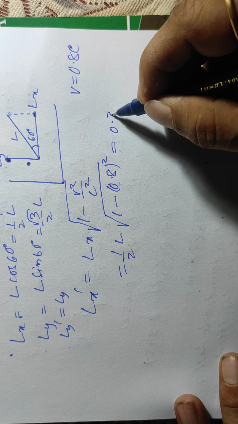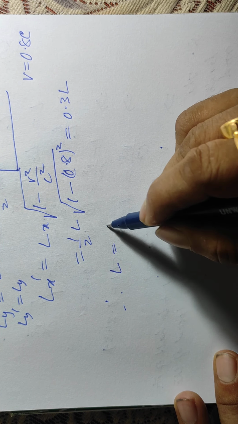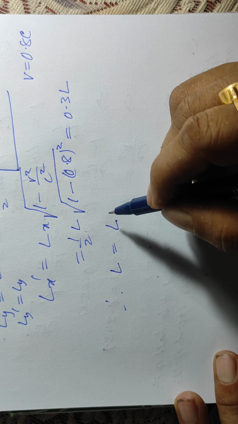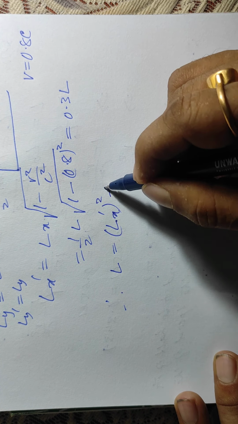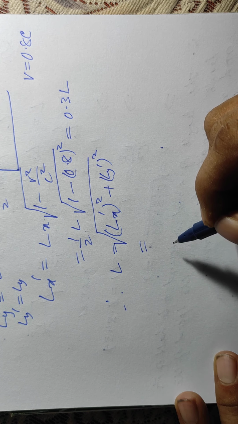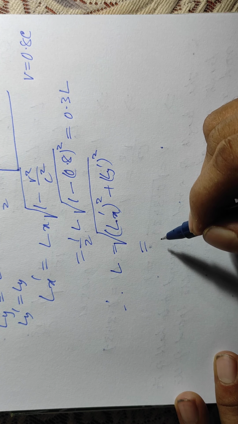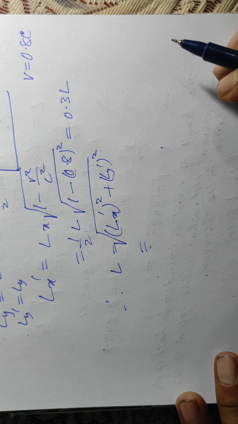Okay, and therefore the length of the rod will be square root of Lx square plus Ly square. Therefore L dash is equal to square root of Lx dash square plus Ly dash square. Lx and Ly were initial, and while in motion it will be Lx dash and Ly dash.